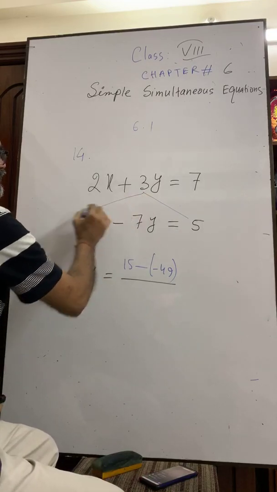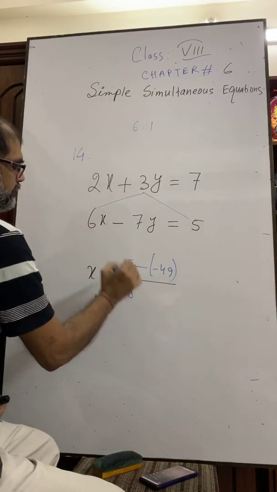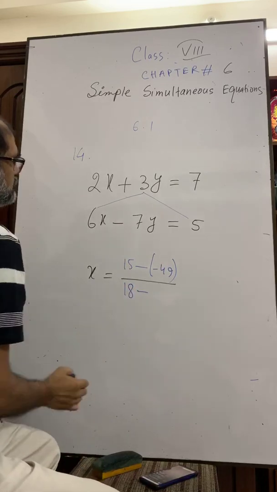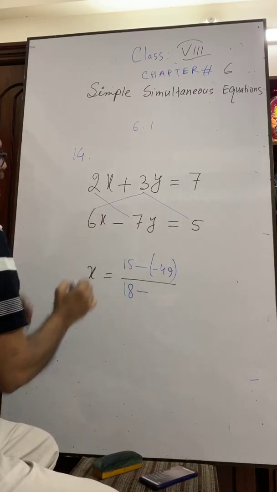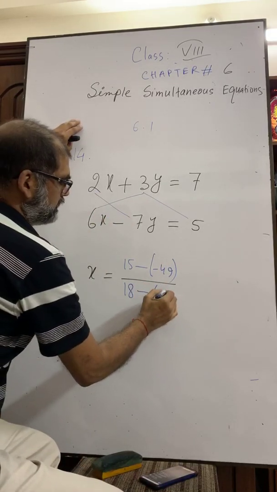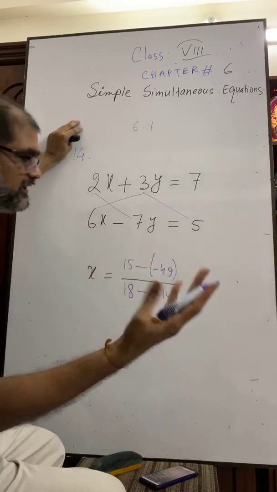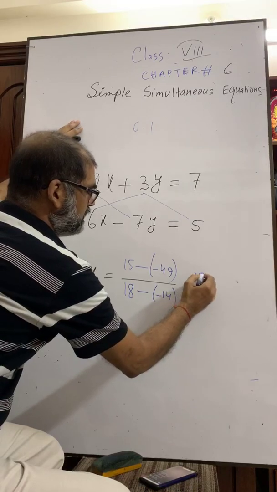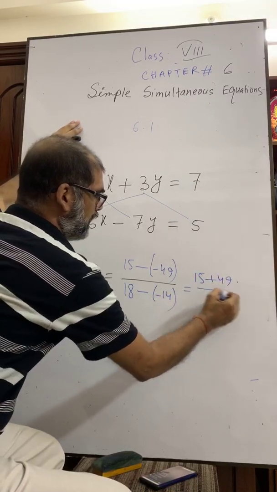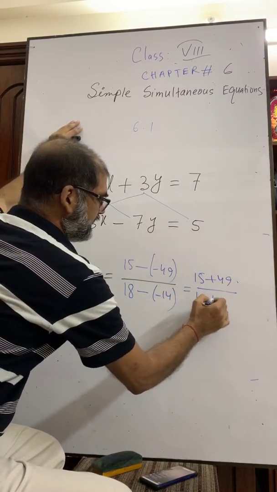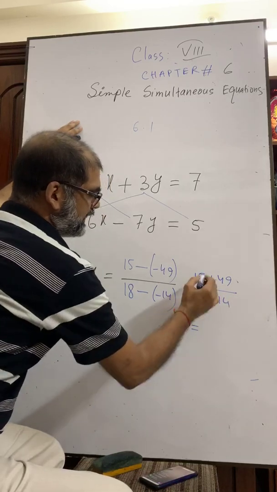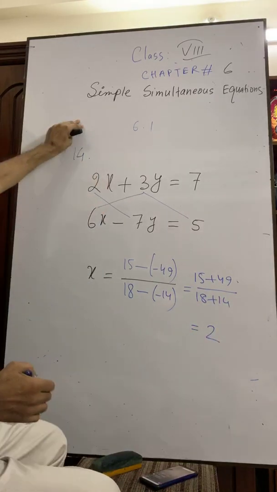Now 3 into 6, what? 18. Minus 2 into minus 7, minus 14. That means nothing, it will be again a plus sign. 15 plus 49 by 18 plus 14. You calculate it, you will get the result as 2.